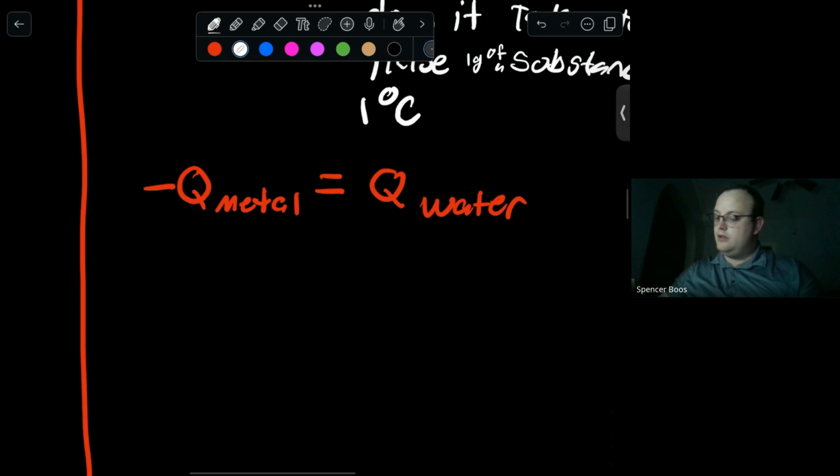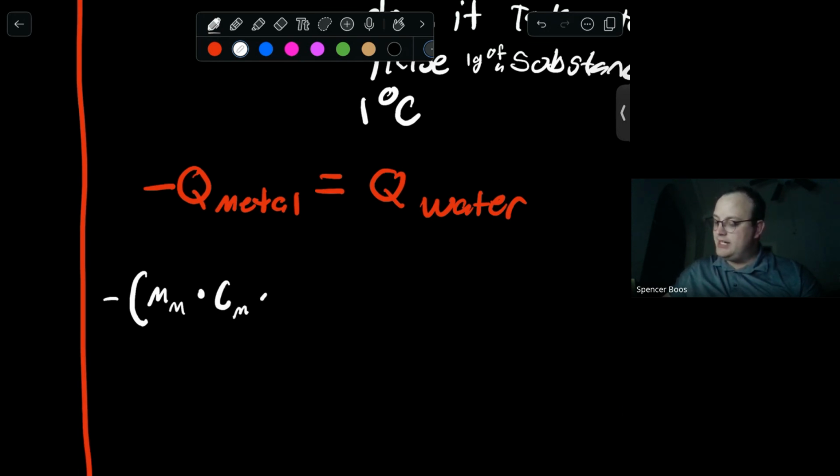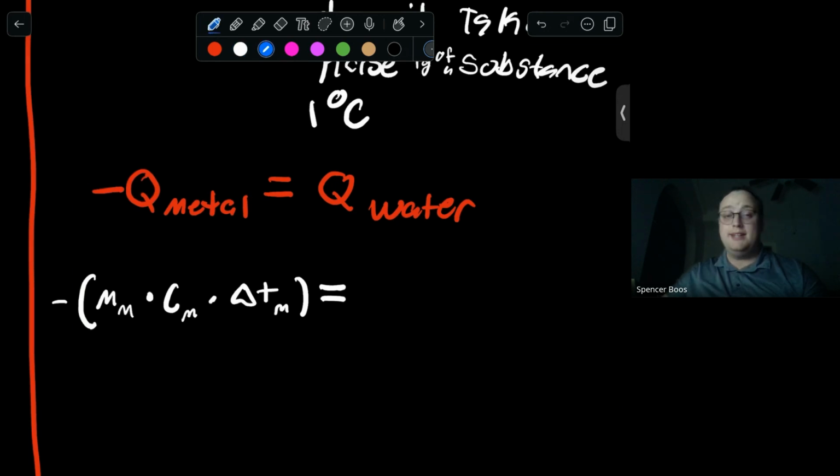Observe. We can say that the negative mass of the metal, I'm just going to do baby M for metal, times the specific heat of the metal times delta T of the metal is equal to, and guess what? It's the same formula, just except this time for water.